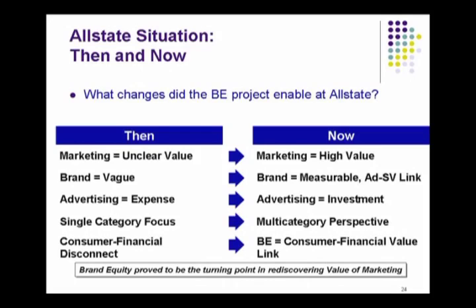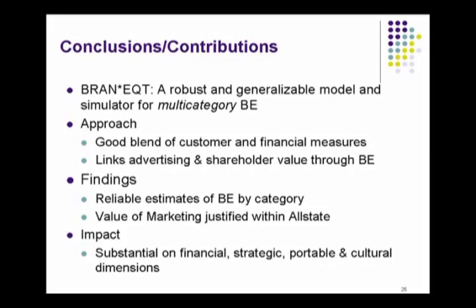A lot of the employees at Allstate are very loyal to the brand, as they should be, but they were never able to translate that loyalty into an actual dollar figure, and this allowed us to do that. Advertising went from an expense to being an investment, and allowed us to move to a multi-category focus. It also helped us communicate more directly with our financial services unit.